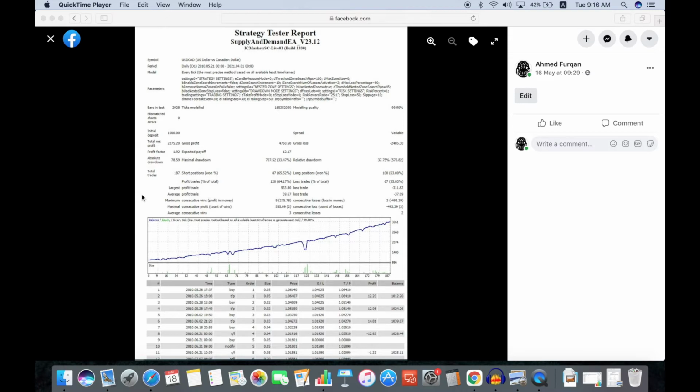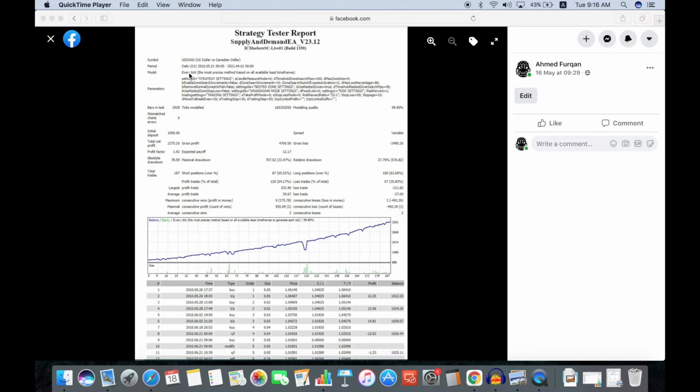All right, for example, this is a USD CAD backtest. As I've told already in certain posts, the expert advisor has run from 2010 all the way to this year, all the way to April, I think.